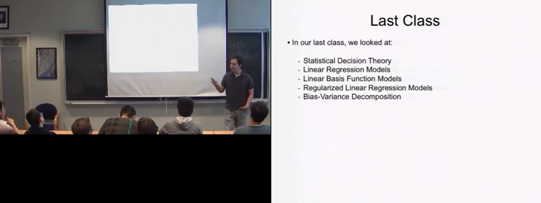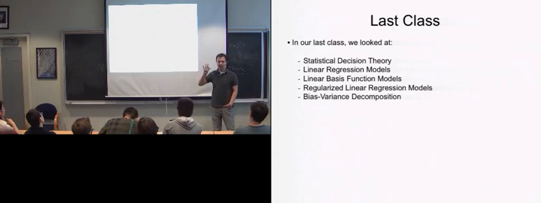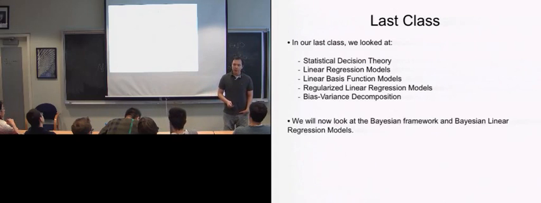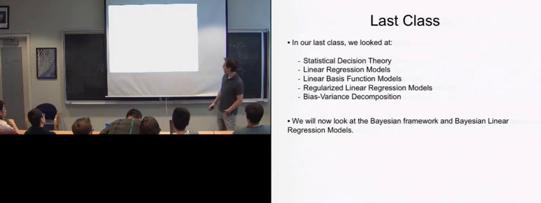We looked at the bias and variance decomposition from the frequentist standpoint. Today we're going to look at Bayesian models, Bayesian linear regression models, and such. How many of you are familiar with Bayesian models? All right, a few. That's good. I'll try to give you a little bit of background on what these models are.